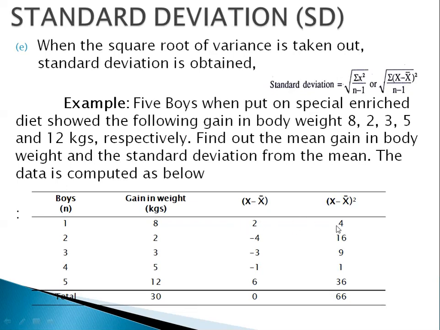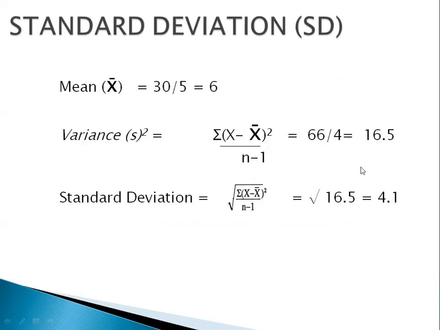So 2 square is 4, 4 square is 16. Forget about the minus and positive signs, because when squaring, the multiplication nullifies the sign. 3 square is 9, 1 square is 1, 6 square is 36, and its summation is again 66. So the summation of (x minus x bar) square is 66, divided by n minus 1. What is your n? That is 5 minus 1, 4. So the answer will be 16.5.